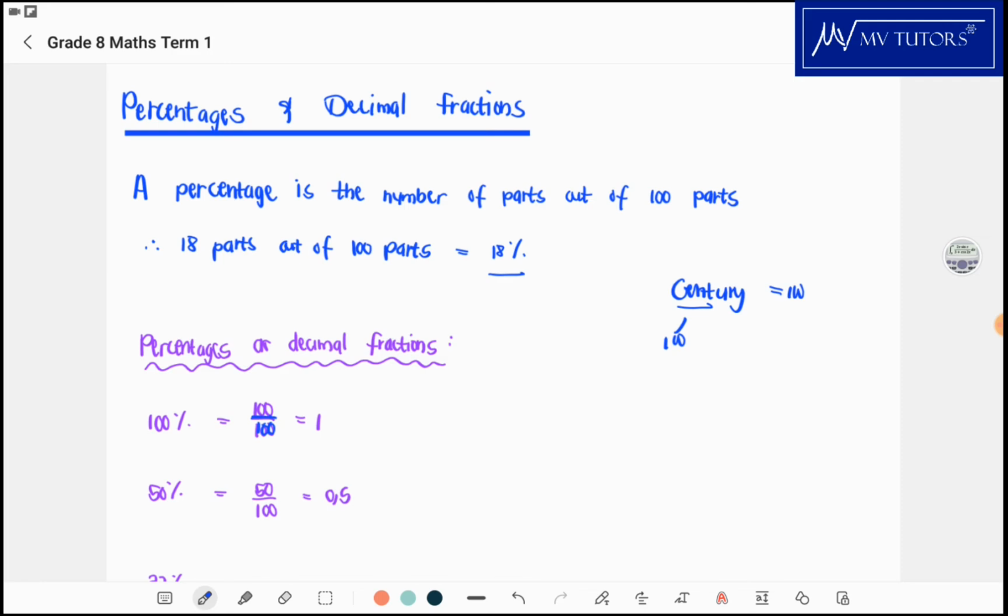It's like if you do 50 divided by 100, well, 100 doesn't go into 50 at all. But if you bring down a 0, 0 times 100 is just going to be 0. But if you bring down another 0, so 500 divided by 100, you're just going to get 5. So hence you have 0,5. So 50%, 50 per 100, in decimal fractions is basically going to be 0,5.